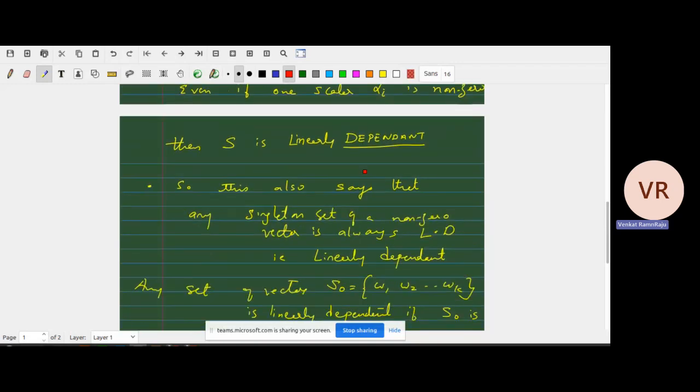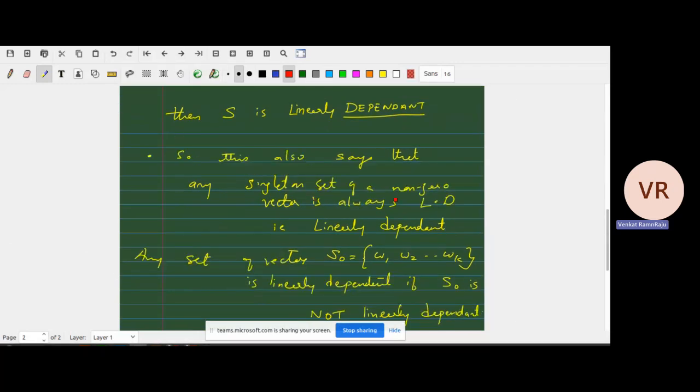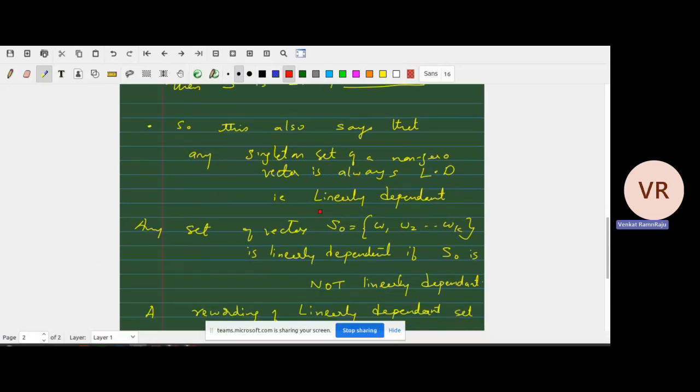This also gives us a hint that any singleton set of a non-zero vector is always considered linearly independent, because if I have a non-zero vector, it can be rendered zero only when I take the scalar zero. Otherwise, you cannot, and so this is a fact.